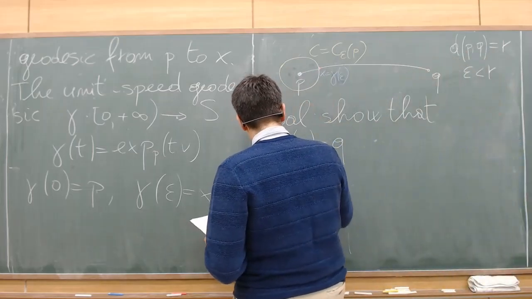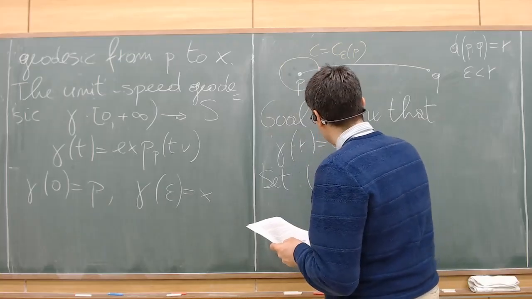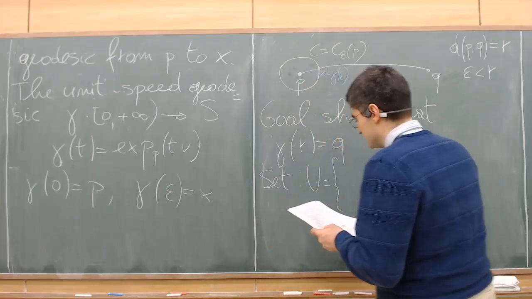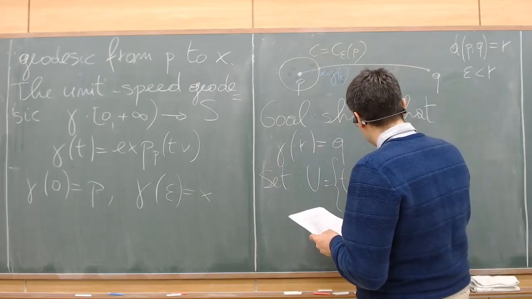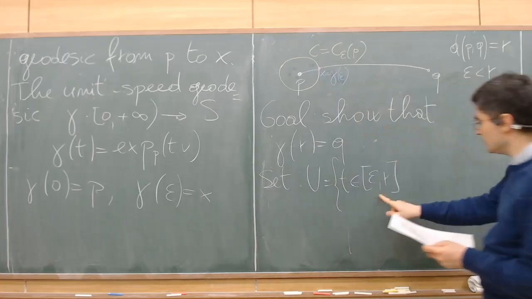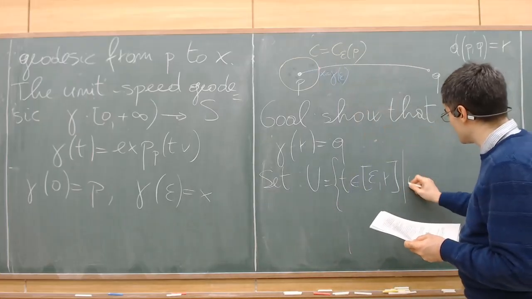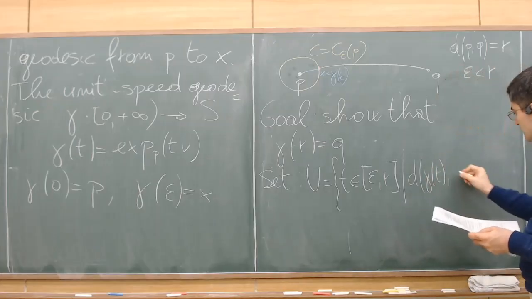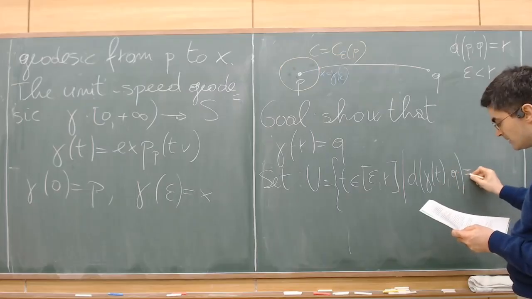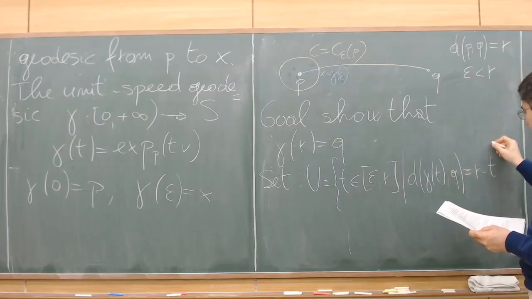Set U to be the values of the parameter t in [epsilon, r] such that the distance between gamma(t) and Q is exactly r minus t.